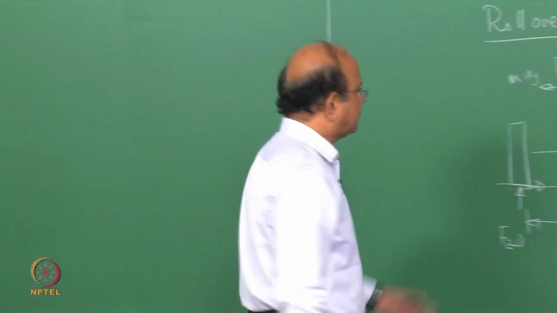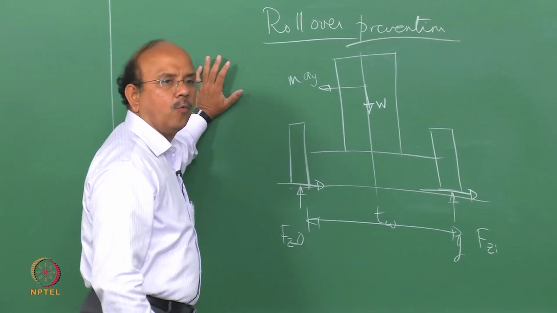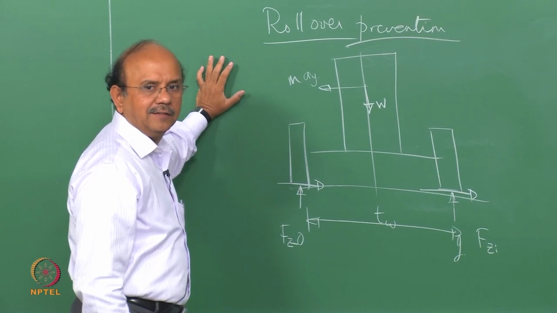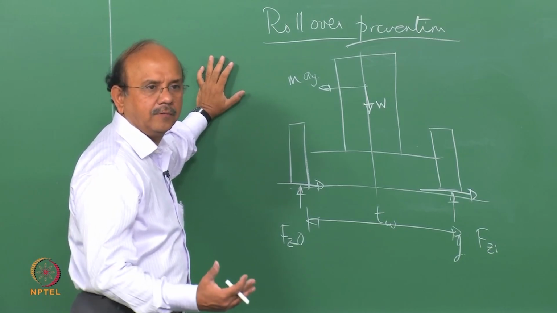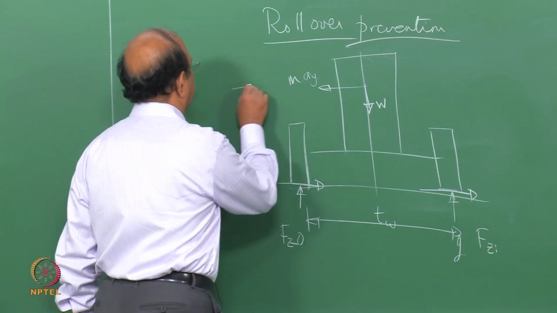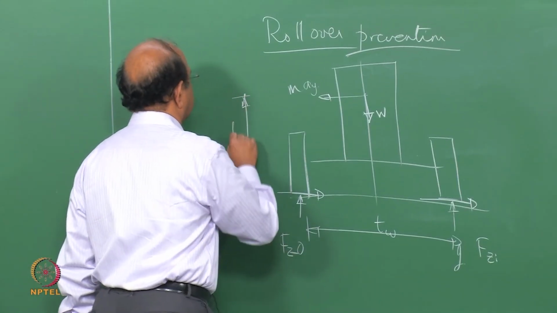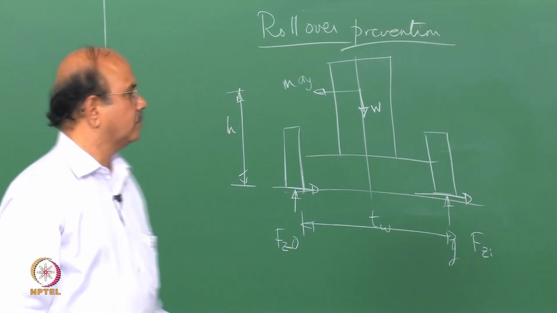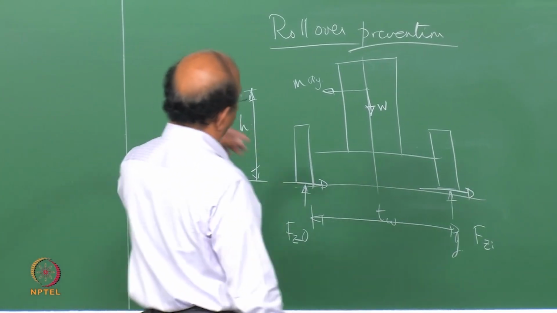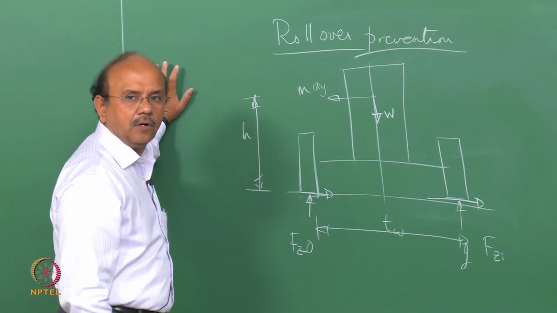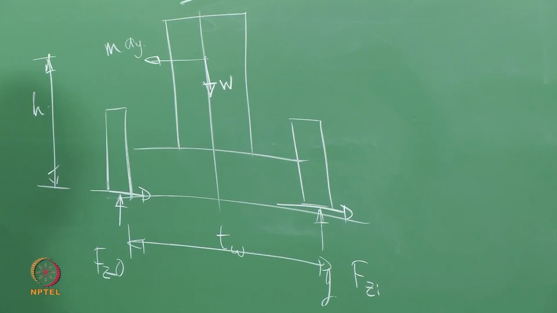So let's just calculate what should be the critical AY in order that this lift of the inner tire takes place. Let me call that distance H. Now, take moments about this outer tire, and tell me what should be this AY.